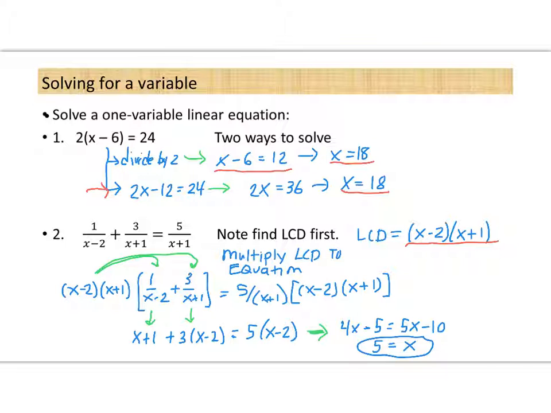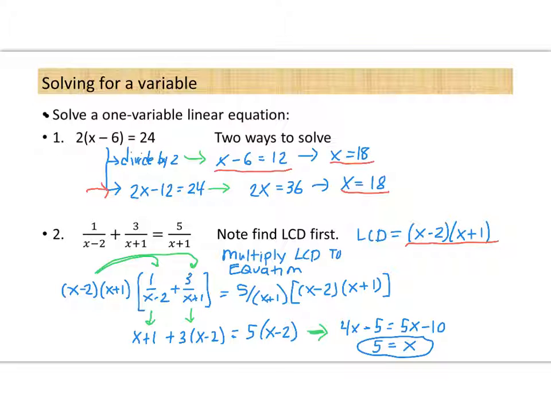I will multiply the least common denominator to both sides of the equation. In doing that, I eliminate the fractions. So when I take the x minus 2 and I multiply it by the term 1 over x minus 2, I just end up with x plus 1.